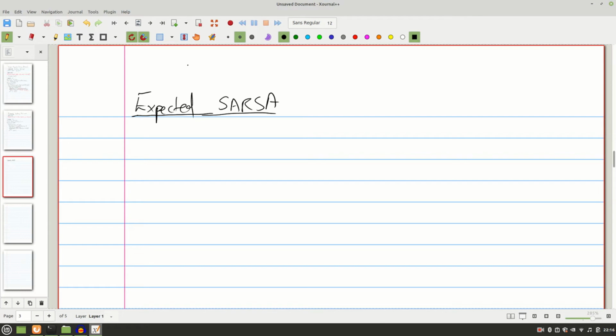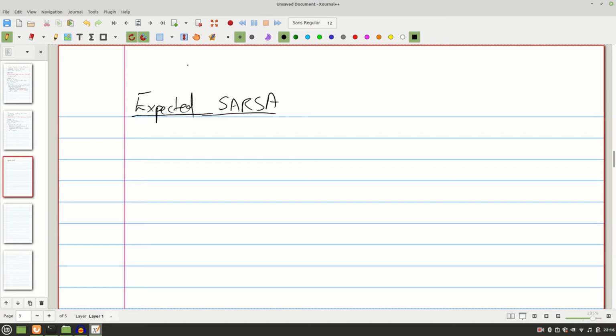By calling it expected SARSA, you can already assume there is an expectation involved here. And this algorithm itself can be made on-policy or off-policy, depending on how you approach it.